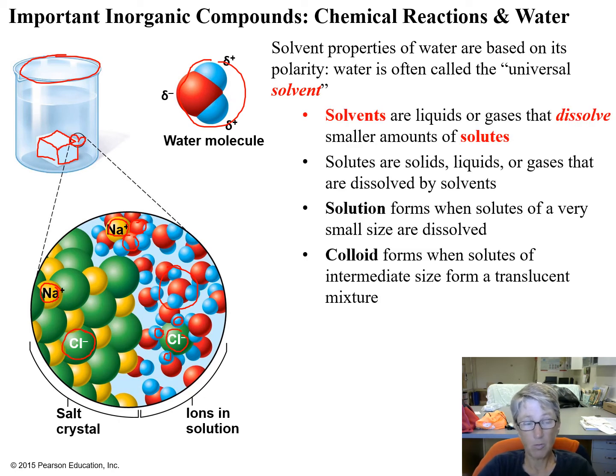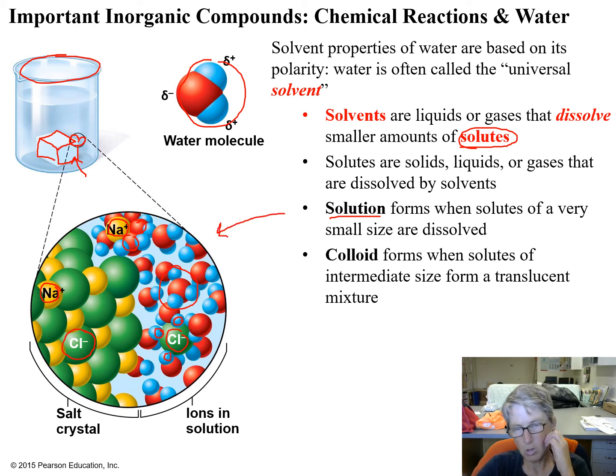Water is the universal solvent because it can dissolve things. Water's not the only solvent, but if you're a solvent, you're a liquid or a gas, you can dissolve things, and those things you're dissolving are called solutes. So the sodium and the chloride in the salt would be the solutes. And you have a thing called a solution that forms when you have a solute of really tiny size dissolved, like salt dissolving in water.